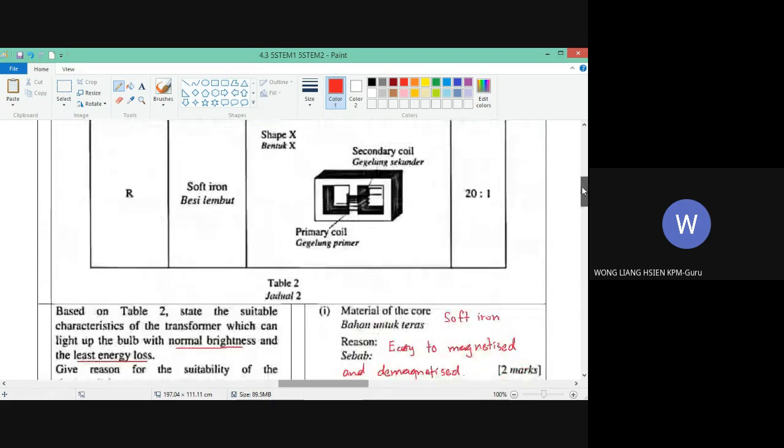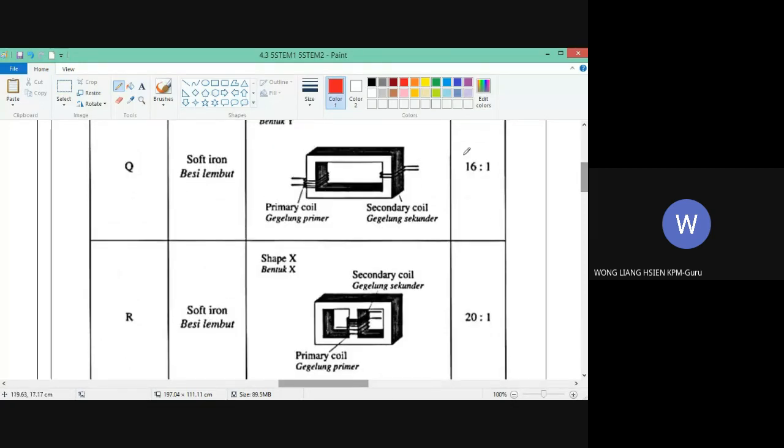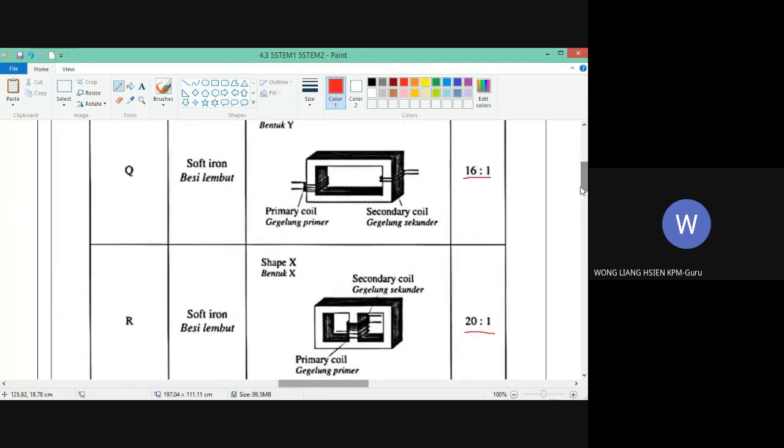Because why? Because you see the 16 to 1 is also step down. This one, 20 to 1, also step down. So if you say you choose this one because it is step down, then people will ask, why not this one? 16 to 1 also step down.